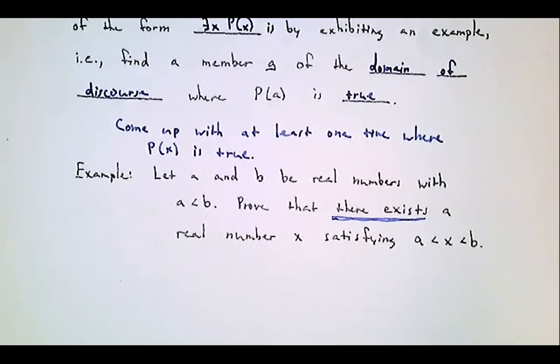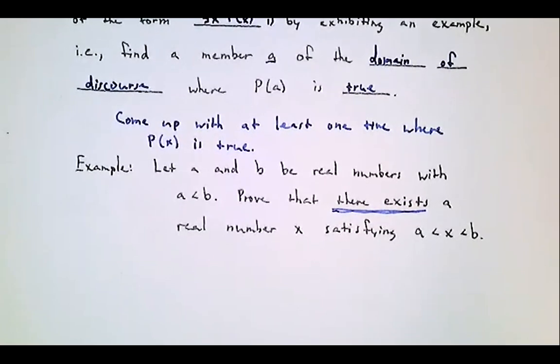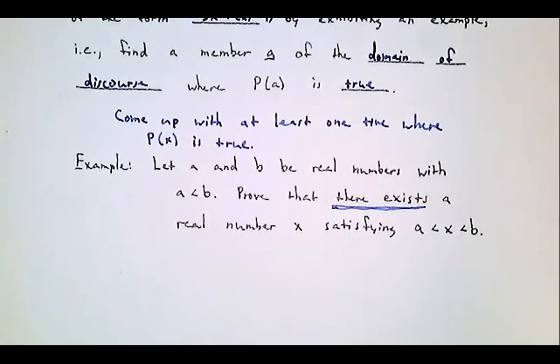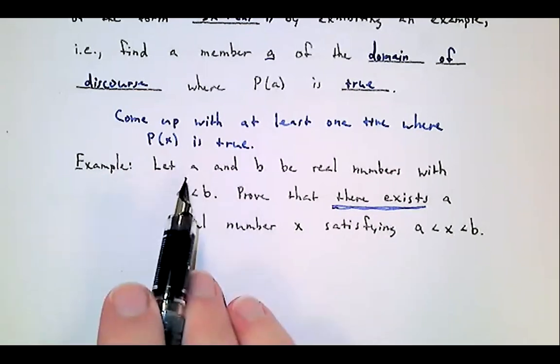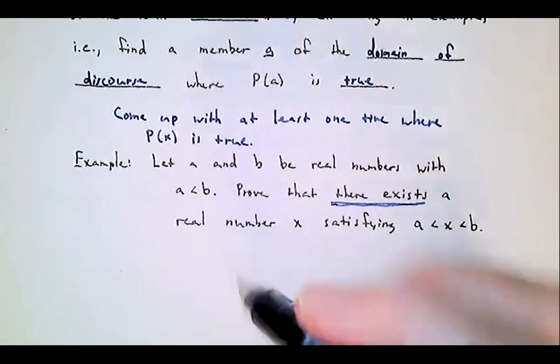So if we try to break this down into a symbolic form, it would actually look fairly complicated. This is one of the more complicated expressions that we've looked at because we're looking at any two real numbers.